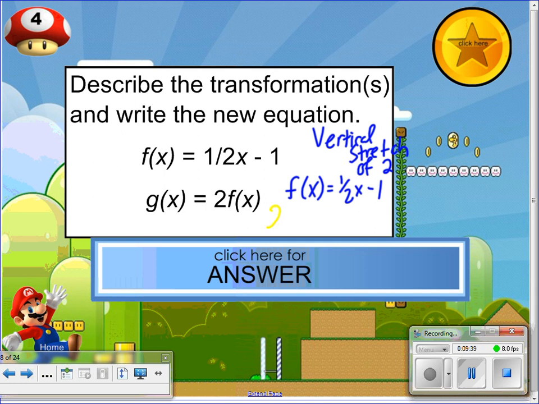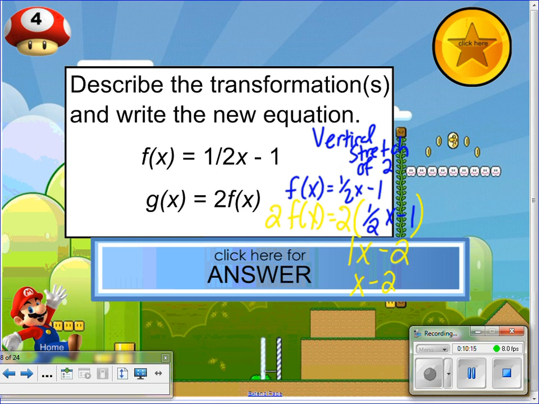So we're going to do 2 times whatever that function was. So that original function was 1/2 x minus 1. When you do that, you get 2 times the half, which is 1, so 1x. And then minus 2, 2 times minus 1, which is minus 2. So you end up with x minus 2 as your new function.